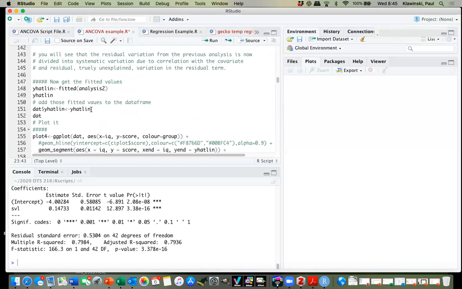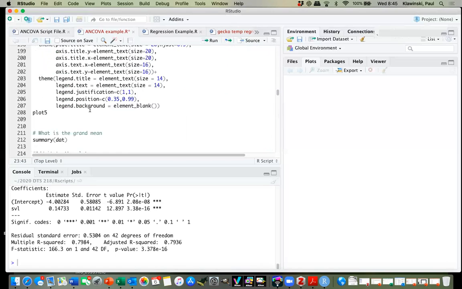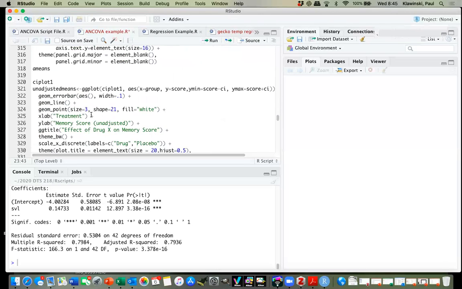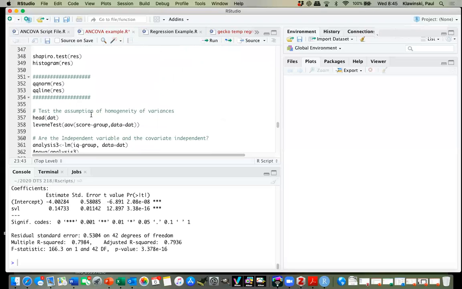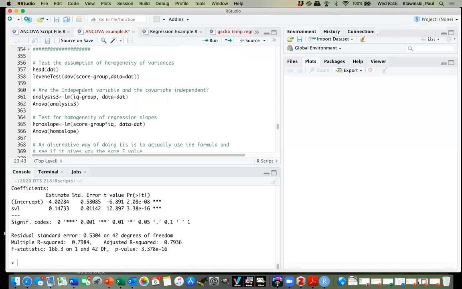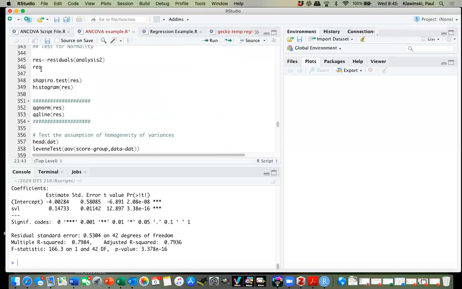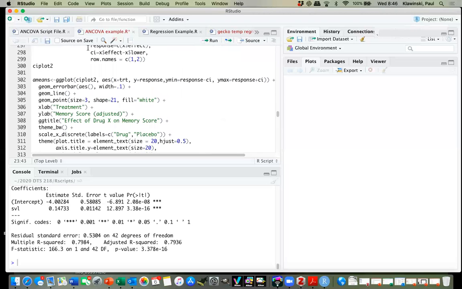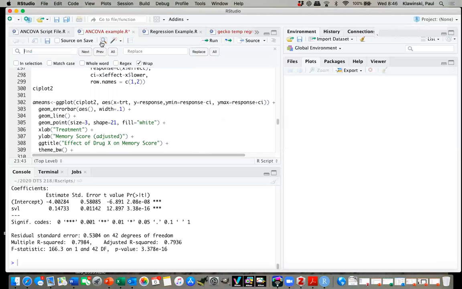line 363, I think. Yeah, if you had an analysis of covariance, so this would be, no. Well, let me do this. Find.